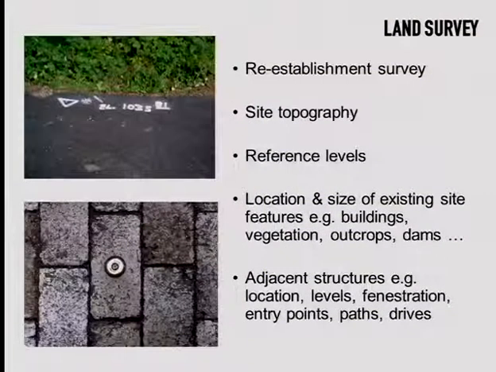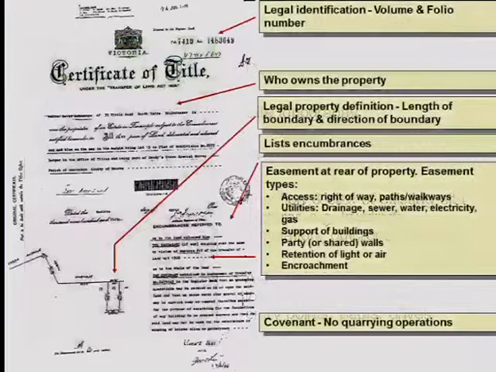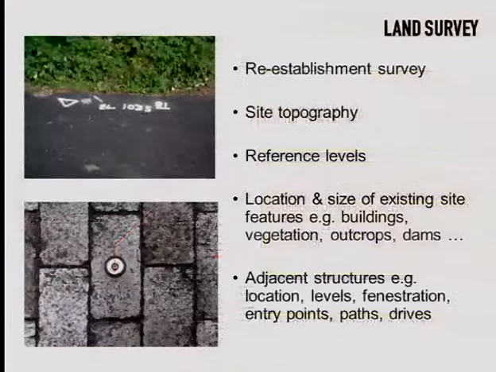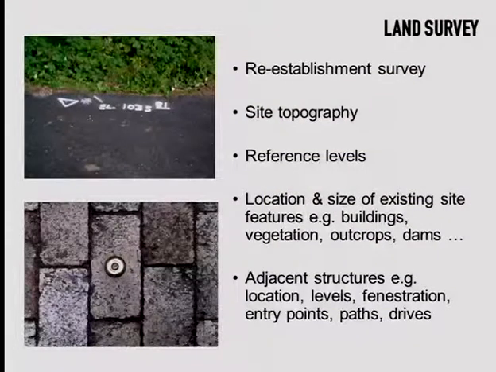We need to know about the top of this site, the land itself, and we do that through a thing called a land survey. And a land survey will do quite a critical thing for us. What it will do is it will go back to the title, get the dimensions that are on the title, and plot those dimensions in real space as to what the dimensions are on the land itself.